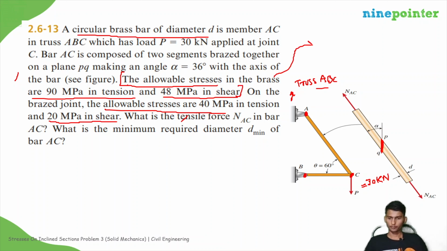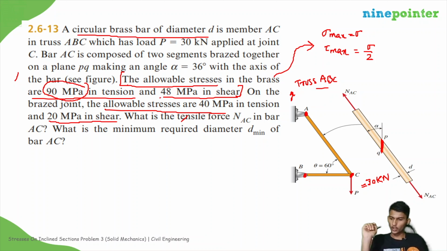In this case, suppose in the rod sigma max is sigma. Then what tau max should it be? It will be sigma by 2, right? So if in the rod 90 MPa in tension is the maximum sigma, then the shear will be 45 MPa, which is less than 48 MPa, so it will be safe.